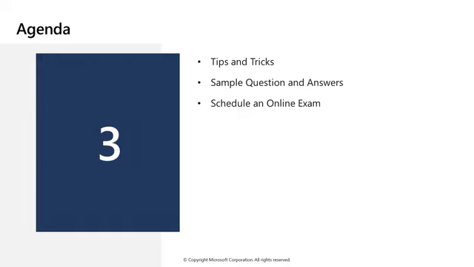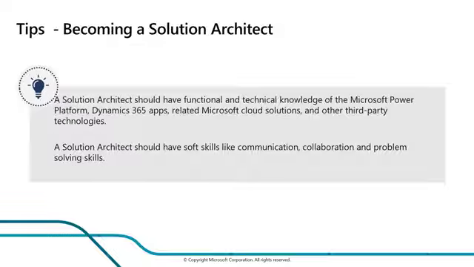So now let's go over a couple of tips about this content. The first tip is about becoming a solution architect. We discussed the fact that a solution architect should have functional and technical knowledge about the Microsoft Power Platform, Dynamics 365 apps, and related Microsoft Cloud solutions, and any other third-party technologies that are around this.